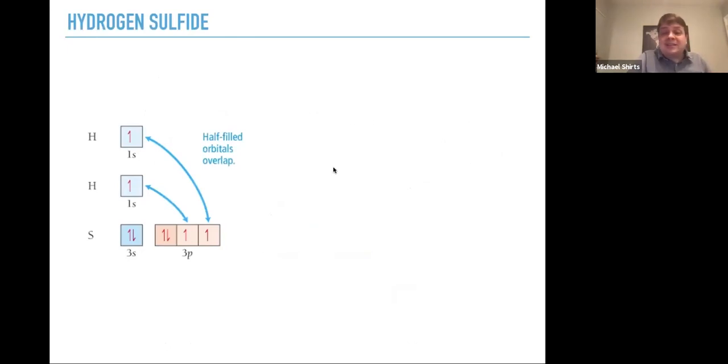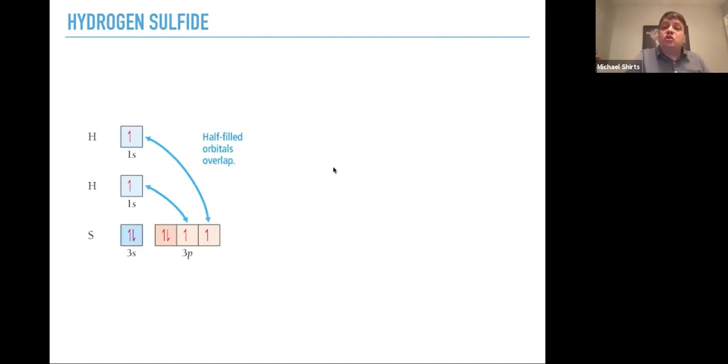You can generalize this a little more. In hydrogen sulfide, the sulfur atom has 2 3s electrons and 4 3p electrons. So it's missing 2 electrons in order to fill those orbitals. So you can imagine that hydrogen can donate that 1s electron, creating 2 new orbitals.